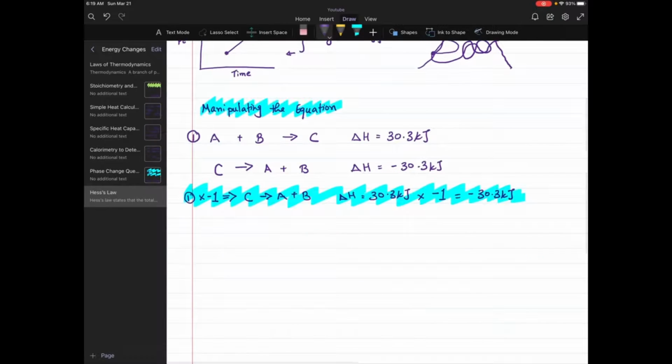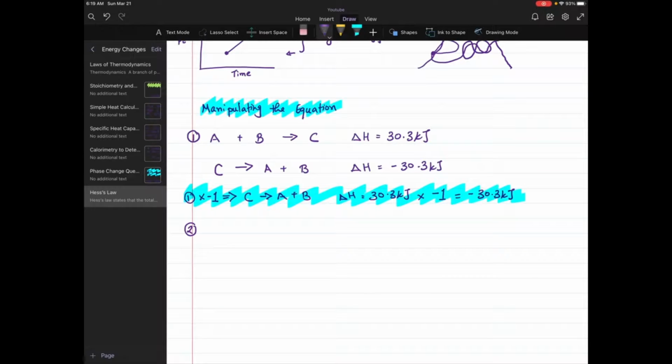The second way you can manipulate an equation is by multiplying the equation by a constant value. You can multiply the entire equation by 2, or by 3, or by 4, or by a fraction, to get your target values.